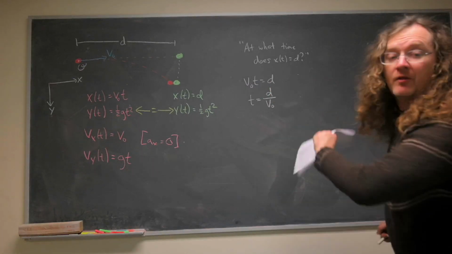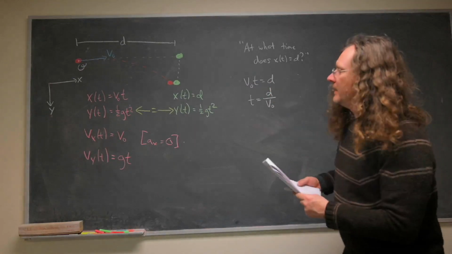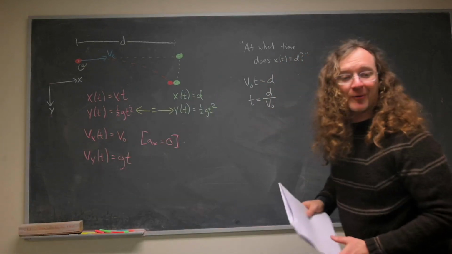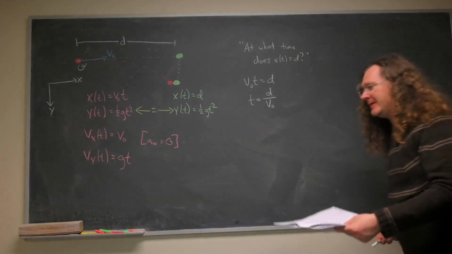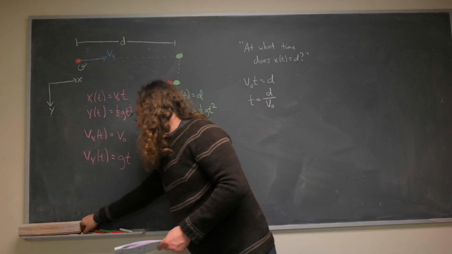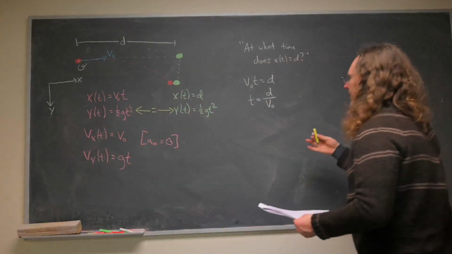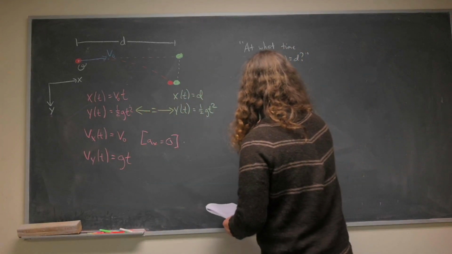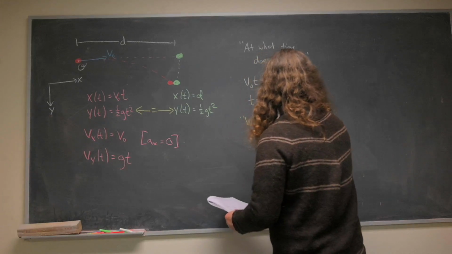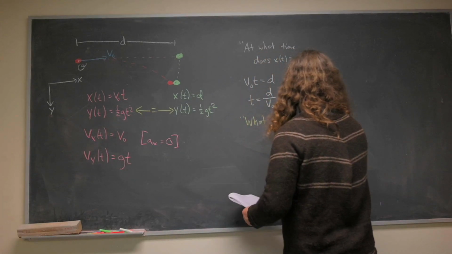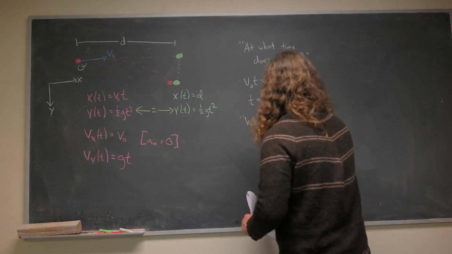How far has the other ball fallen? Well, both of them have the same y coordinate, right? That's the whole point. So I can just take the time I've got and plug it into that equation. What is y of t at this time?